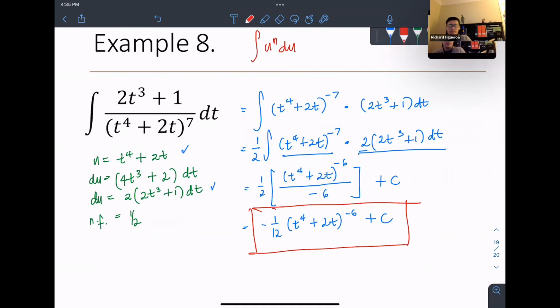Pero remember, dapat yung variable, they are exactly the same. So in this case, it's 2t cubed plus 1. This is 2t cubed plus 1. They're exactly the same. Pero pag hindi sila parehas, we cannot use the formula for power. Okay?